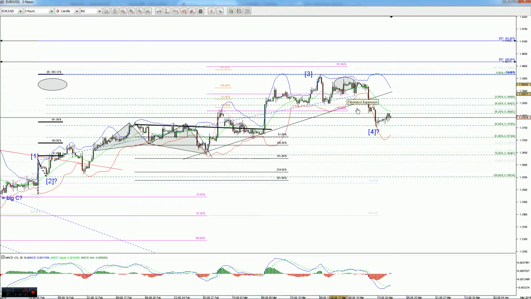Sometimes the fourth corrective wave might be slightly deeper, but shouldn't be deeper than 50%.